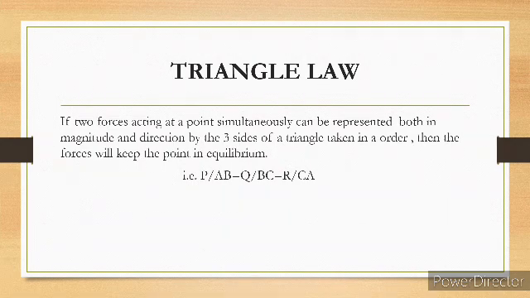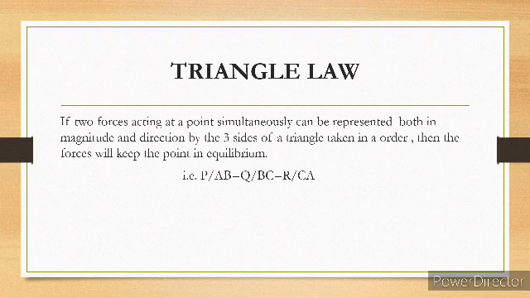If we take the three forces as P, Q, R, then P divided by AB, where AB is a side of the triangle. PQR are the forces and ABC represents the triangle. P by AB: AB is the distance between two points of the triangle.